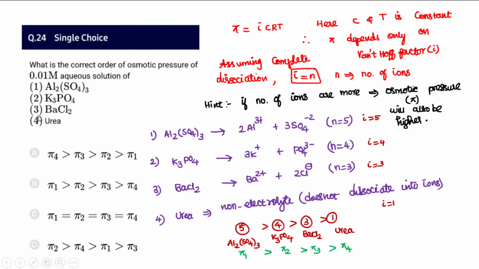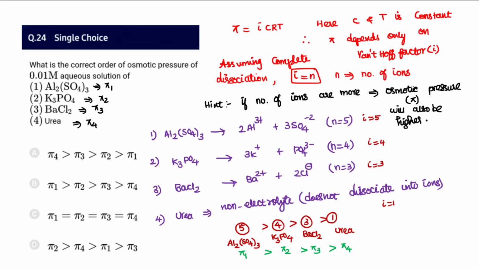And coming to the 24th question, osmotic pressure data is asked for. So which of the following has a very high osmotic pressure? So let's say aluminium sulfate osmotic pressure as pi 1, K3PO4 osmotic pressure as pi 2, barium chloride as pi 3, and urea as, let's say, pi 4. So now here the osmotic pressure data is given with a constant concentration.